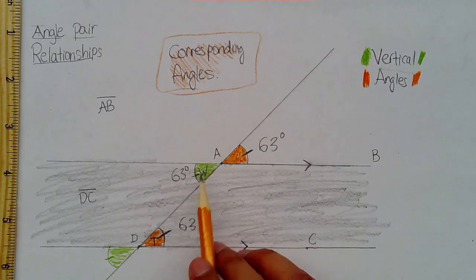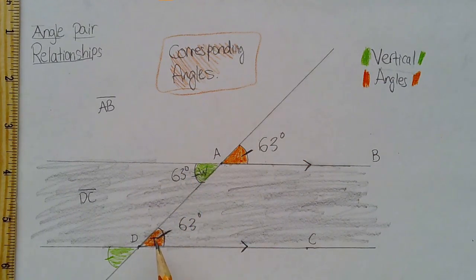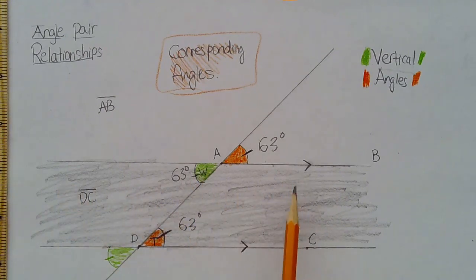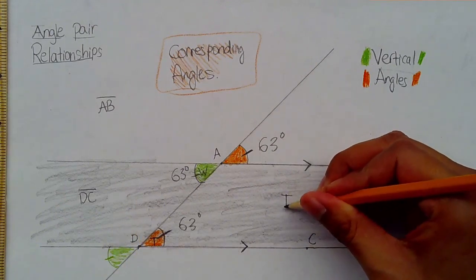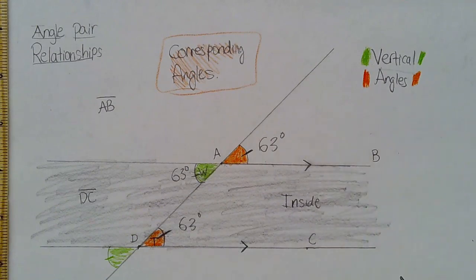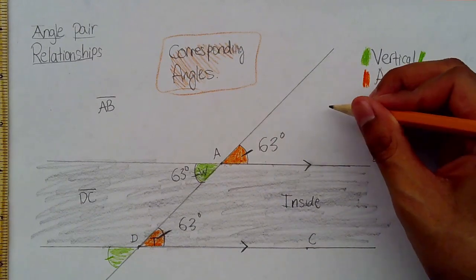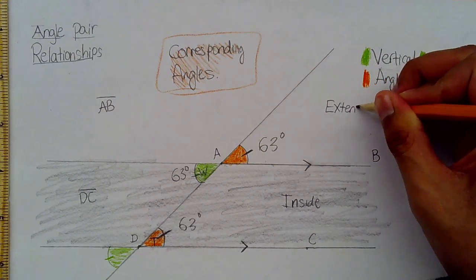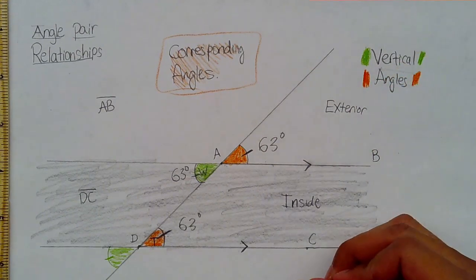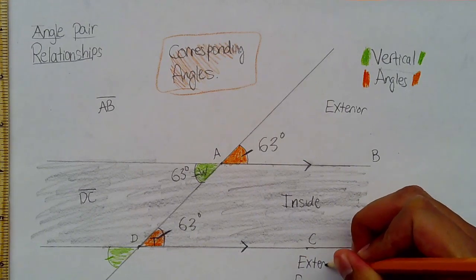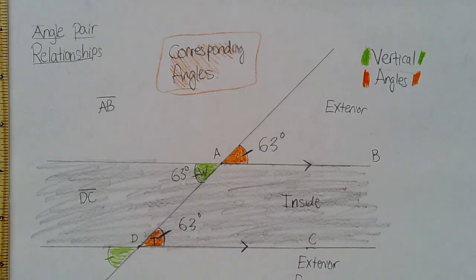Angle W, angle T. These two angles are on the inside of these two parallel lines. So if this entire region was inside the parallel lines, then everything out here is on the exterior or outside of these two parallel lines. And you can't see that on the screen. But now you can, exterior.